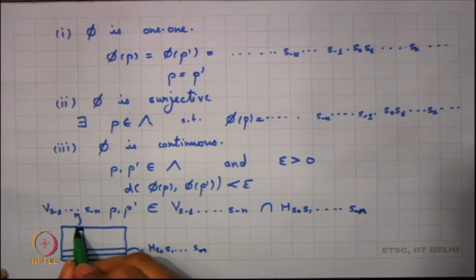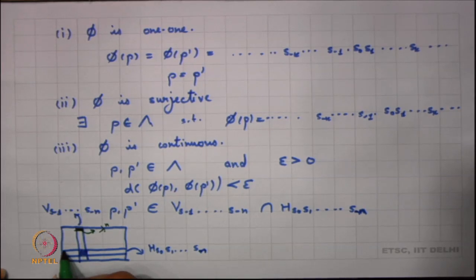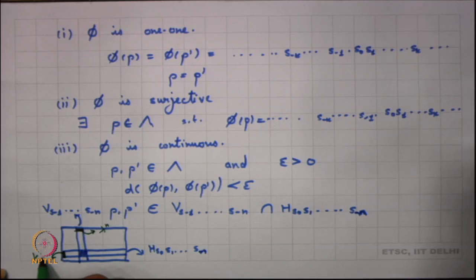So, if I am trying to look into what this particular region is, what this particular width is, we know that this particular width is lambda to the power n, and the other width will be 1 upon mu to the power n. So, if I want to look into what could be the possible distance, because my p and p prime both belong over here, what could be the possible distance between p and p prime here?